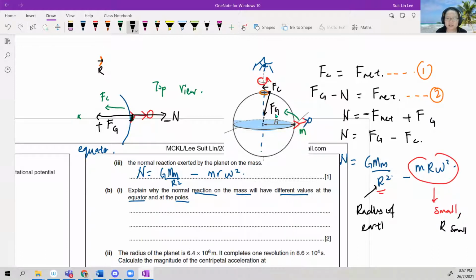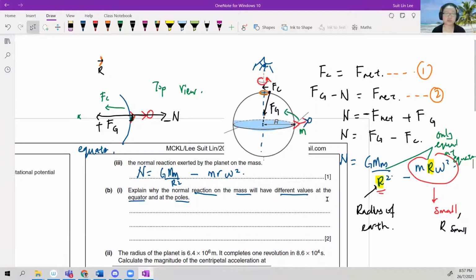Radius of Earth is more or less constant, so that one will not change. This r is only equal if we are at the equator. Make sense? So if you're at the equator, your normal force is different than at the pole.